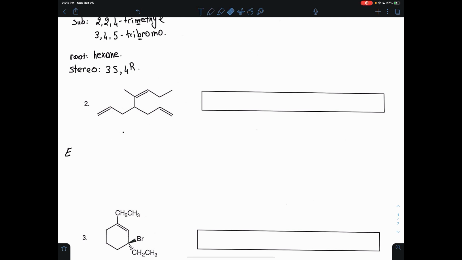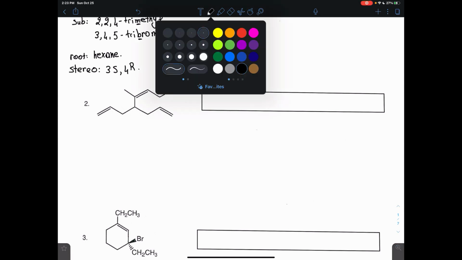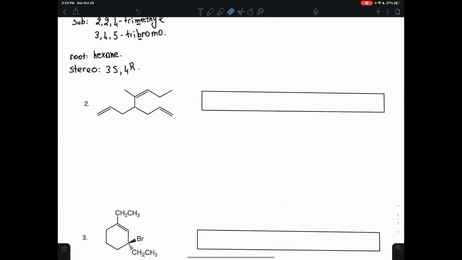So the first step is also the same thing. You gotta try to find your longest chain possible. So if we start counting from, let's pretend we can start counting from here, 1, 2, 3, 4, 5, 6, 7, 8, or 1, 2, 3, 4, 5, 6, 7, 8. So it's the same either way I go, right?